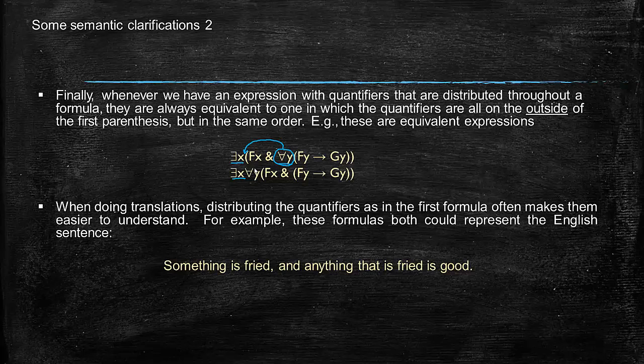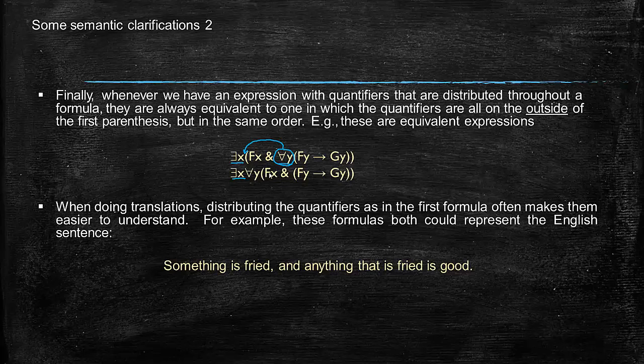Now look how obvious it is when we're looking at the first formula. There exists an X such that X is fried, and for all Y, if Y is fried, then Y is good. Yeah, that's very obviously a correct translation of this English sentence. Is this also the correct one? Well, yes, it is, because we've said they mean the same thing. But when you read it, it's not necessarily so clear. There exists an X that's for all Y, Fx, and if Fy, then Gy.